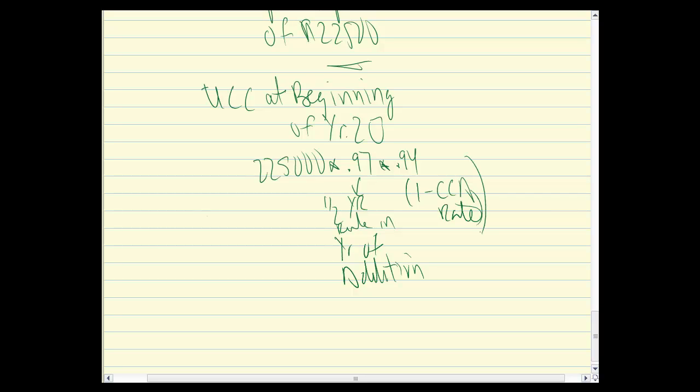What we're trying to say is, how much is left in the pool at the 225? We're trying to look at what the UCC balance is. Year 1, you're putting 225 in. That year, you only get 3% CCA, because half of 6 is 3. So you only have 97% left at the end of 1 year. Then for 18 years, you continually depreciate on a declining balance basis.